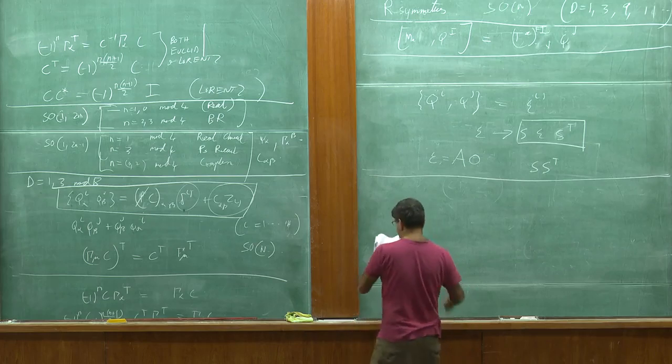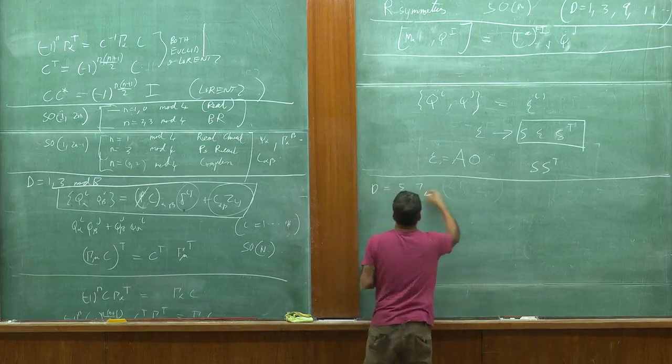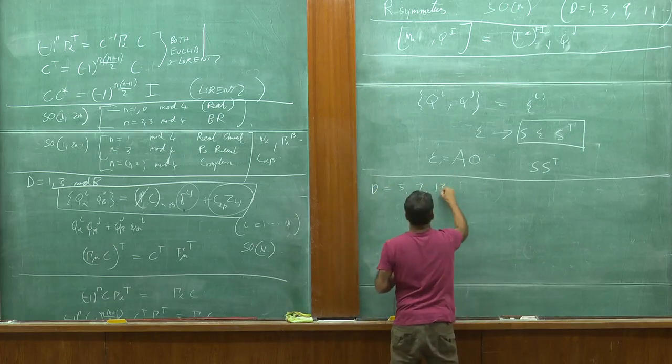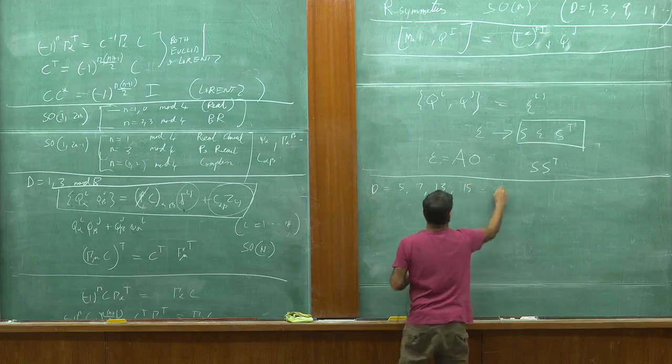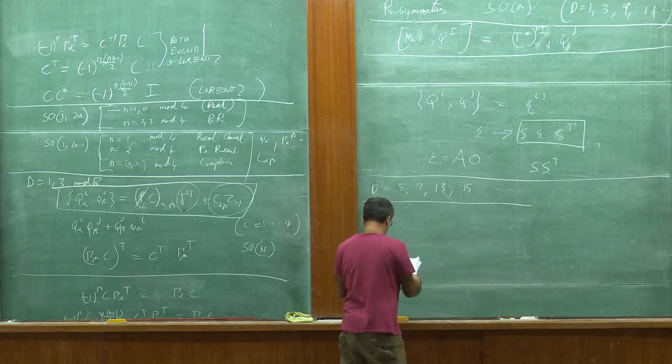So let's move on to D equal to 5, 7, 13, 15.